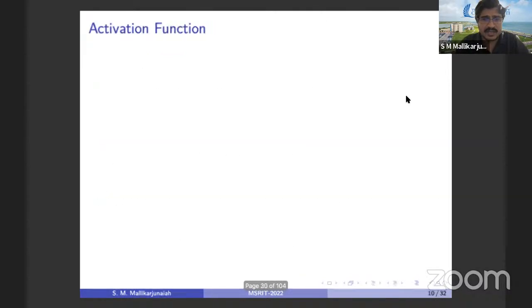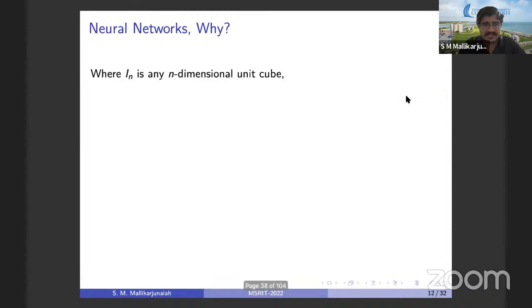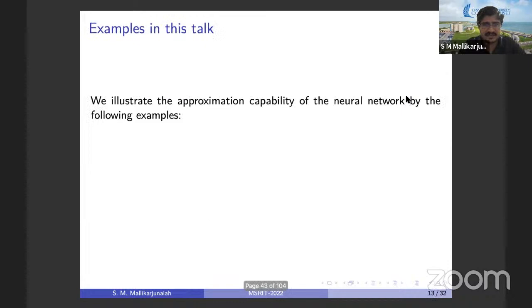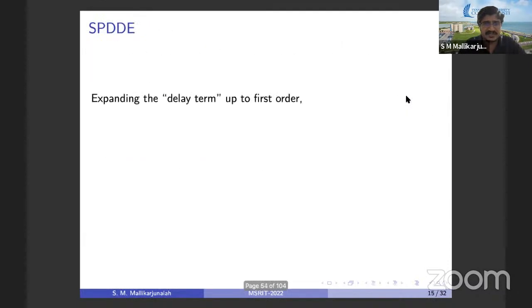Now, to do that, we need to find optimal parameters. That means some kind of minimization is involved, so we have to come up with what is known as a loss function.